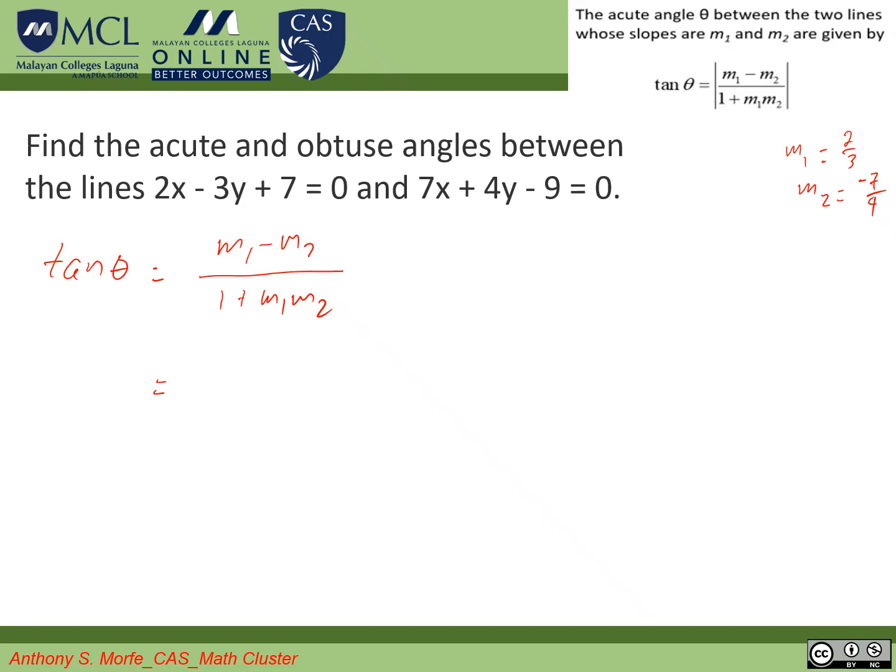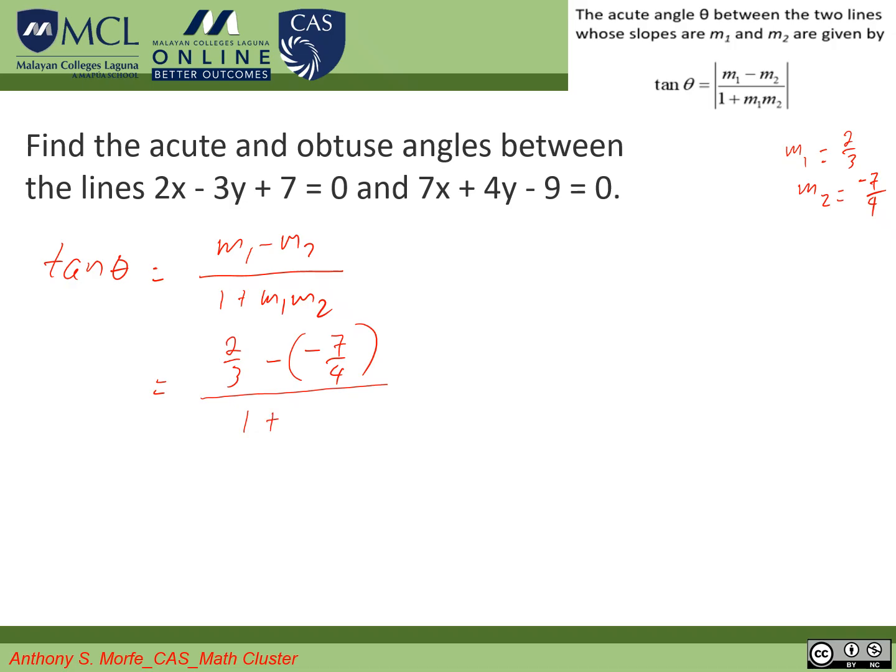Substitute, m1 is 2/3, and minus m2, which is 7/4. This is minus, and this is minus already. So minus 7/4, then divided by 1 plus m1 times m2.